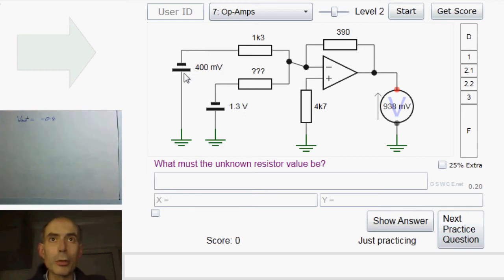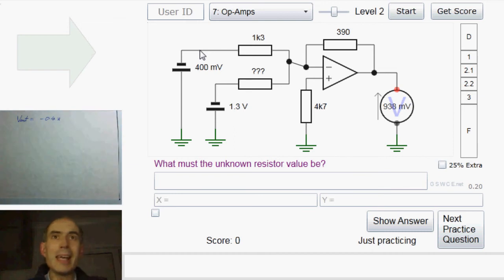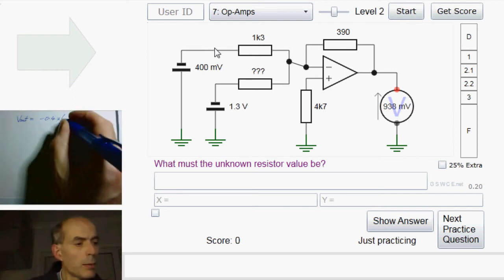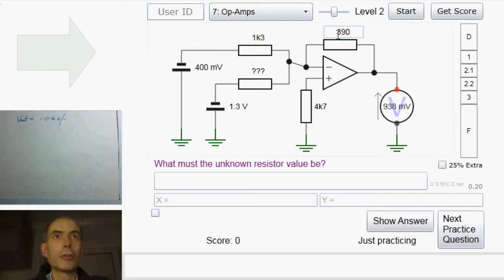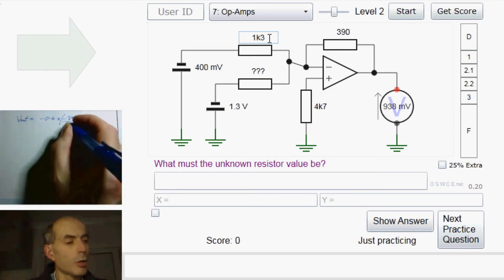The positive terminal is at the bottom connected to ground, so that point there will be at 400 millivolts below ground, in other words minus 0.4 volts, times the gain from here to the output, which, since this is an inverting amplifier, would be minus the feedback resistor, 390, divided by the input resistor, 1K3.